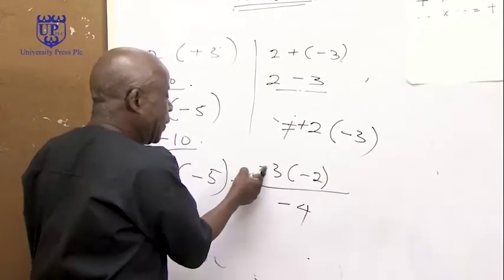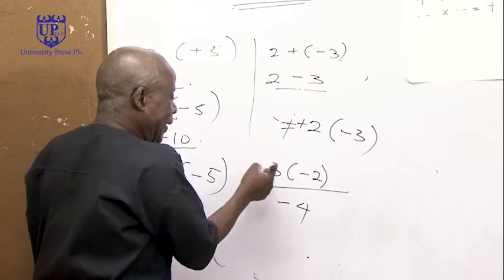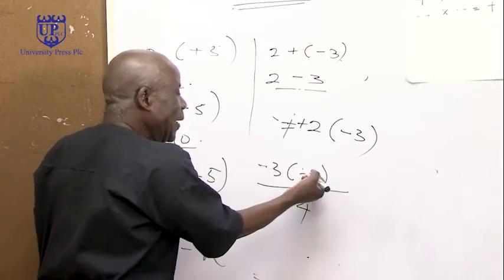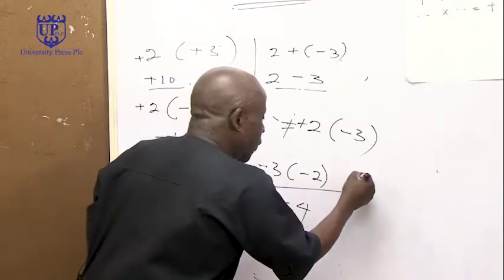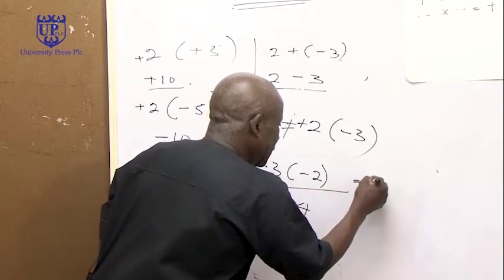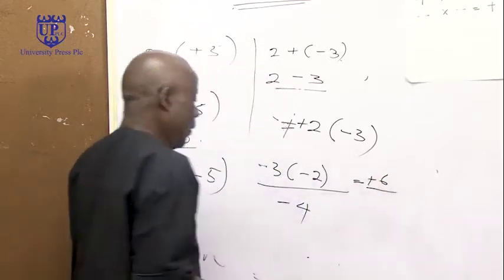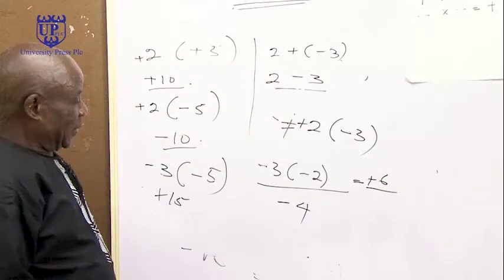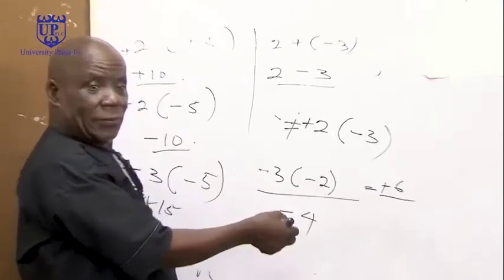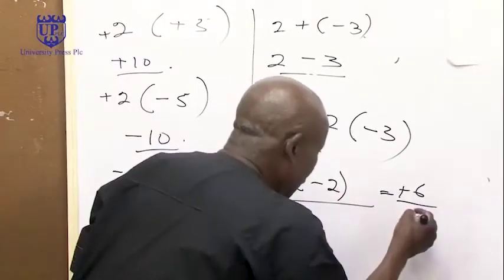This one carries a negative sign, this one carries a negative sign. The negative and negative is plus. That is plus 6. There's nothing you can do here. Please do not say this one cancels this, over minus 4.